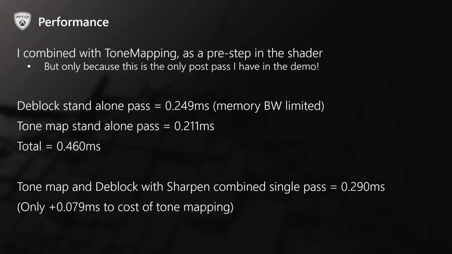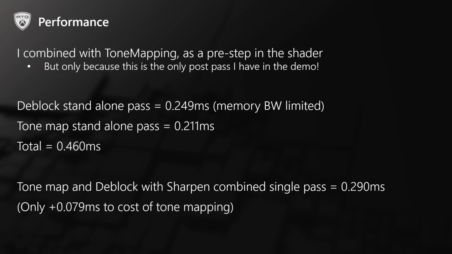So the total amount of time to run both these shaders standalone is 0.46 milliseconds, but combining them into a single pass, I get 0.29 milliseconds. So I get a considerable saving from having this deblock occur as a front end to an existing shader. It's only costing me 79 nanoseconds.